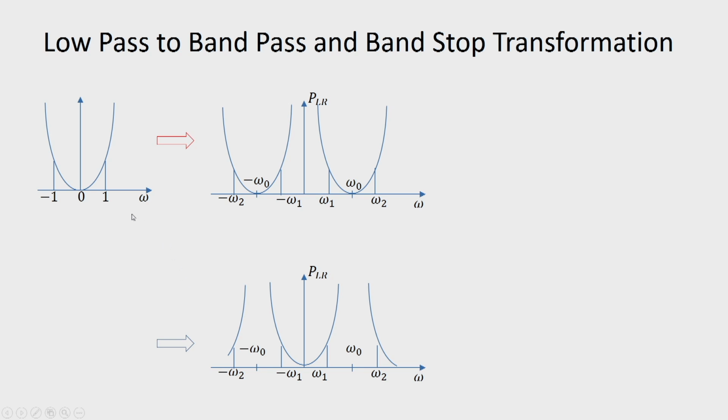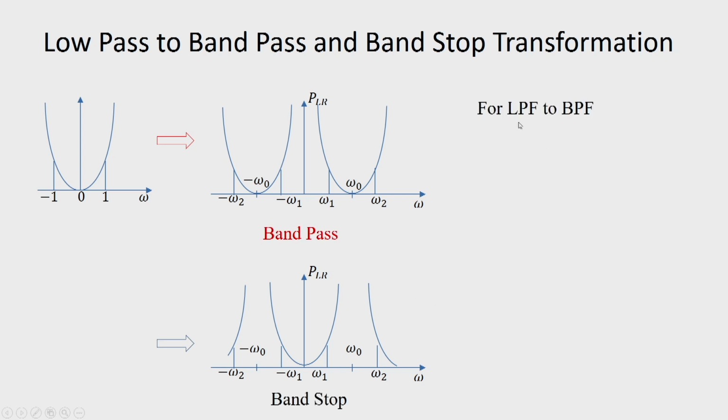Similarly, if we go for band stop transformation, we get a filter where the center frequency of the rejected band is omega naught and the attenuation remains high for the band edges determined by omega 1 and omega 2.